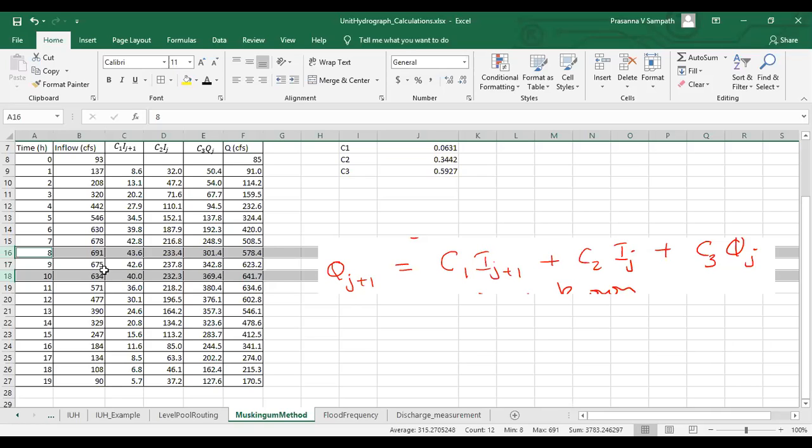How much time did it take? Once you know C1, C2, C3, in a matter of seconds you can estimate what the flow rates will be. But in reality, this kind of method is probably too simplistic for real situations. You may take a more sophisticated approach. So with that we are done with the flow routing chapter.